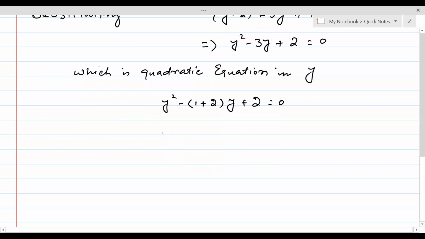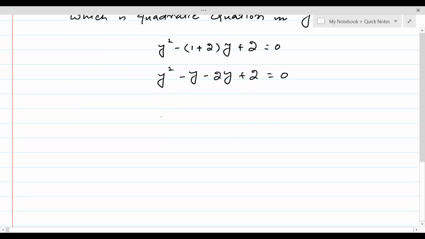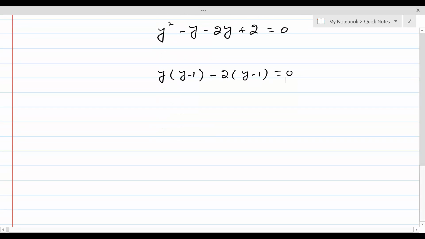And upon simplification, we get y square minus y minus 2y plus 2 equal to 0. This gives us y times y minus 1 minus 2 common, y minus 1 equal to 0. If we take y minus 1 common, that should give us y minus 1 times y minus 2 equal to 0.